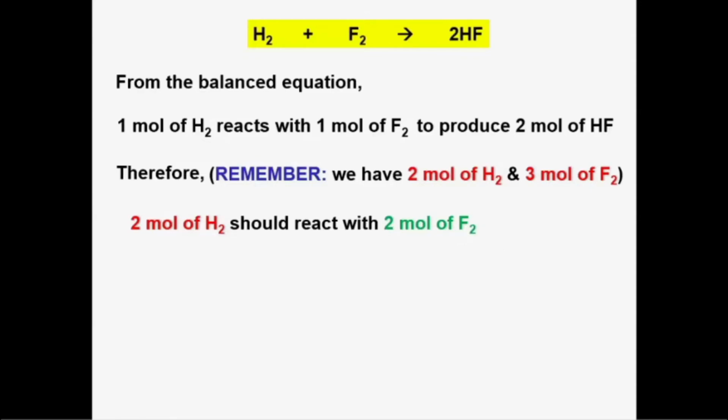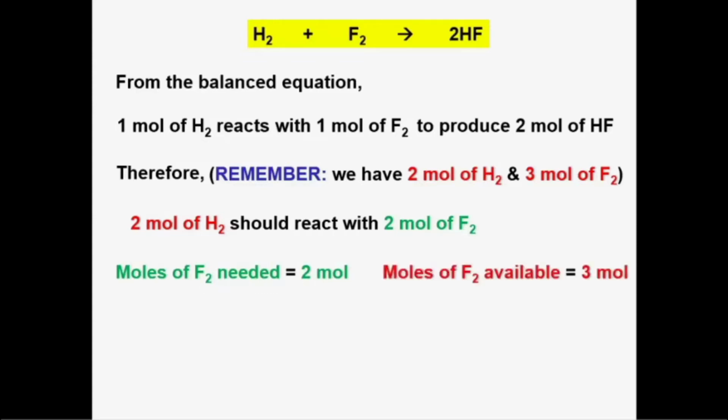So the moles of fluorine needed is 2 moles. However, how many moles of fluorine do we have? We have 3 moles of fluorine, so the moles of fluorine available is 3 moles.